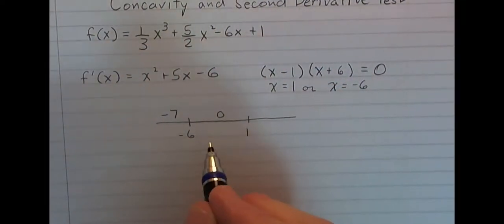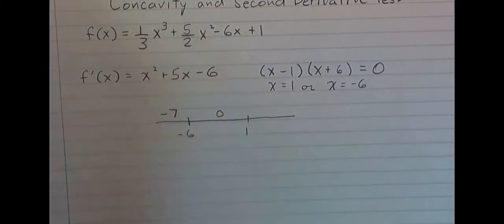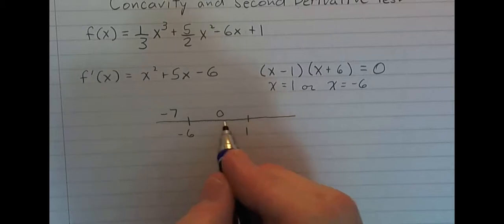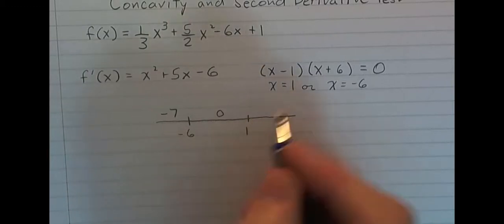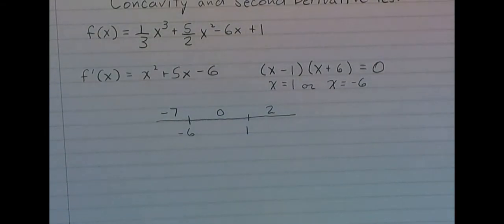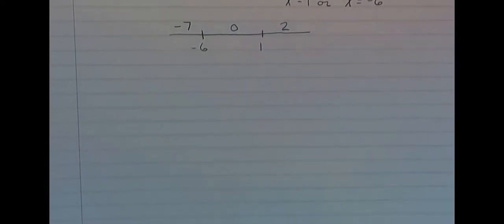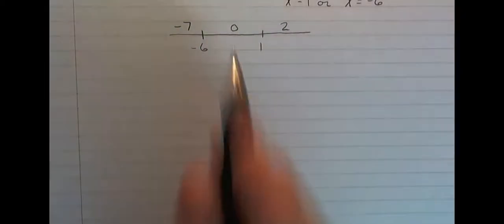0 is always a good one. Not always, unless it's going to make the denominator 0 or something. But anyway, I don't want to digress. Then we pick a number over here. So pick 2. There we go. Okay, now here's what I want to do. I want to test these test numbers in the derivative, not the original function, but the derivative, because I want to see if the derivative is positive or negative at those test values.